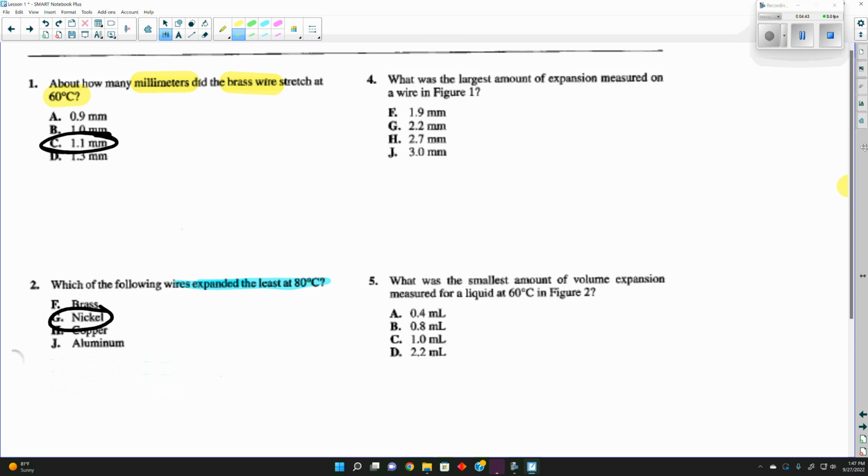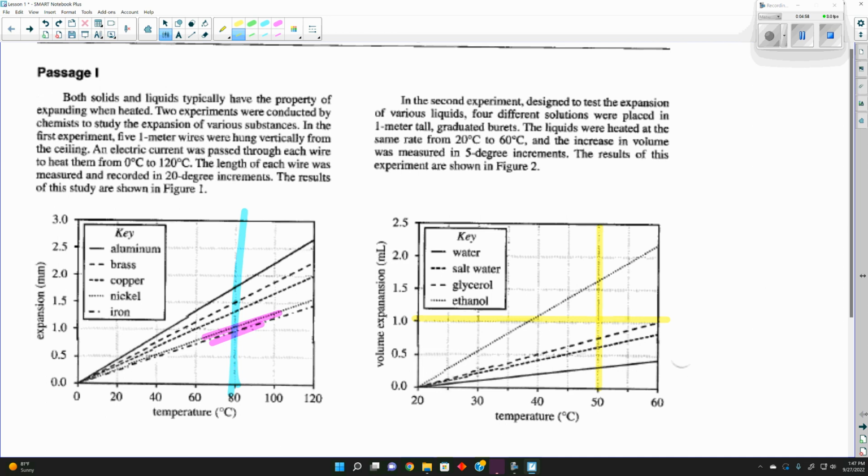Question 4. What was the largest amount of expansion measured on a wire in figure 1? So if we look at figure 1, we're trying to see which one expanded the most.